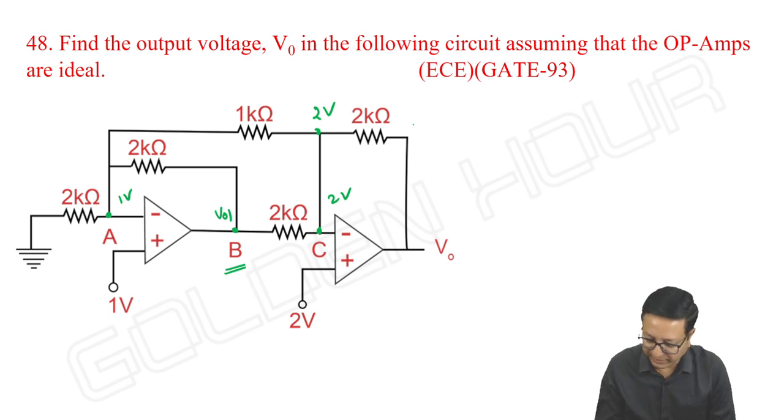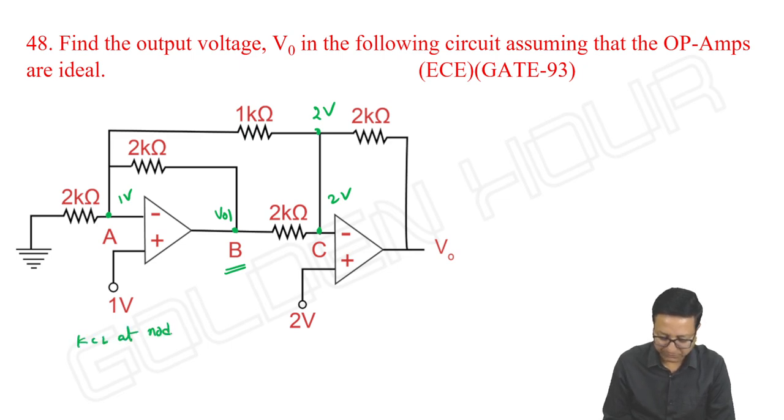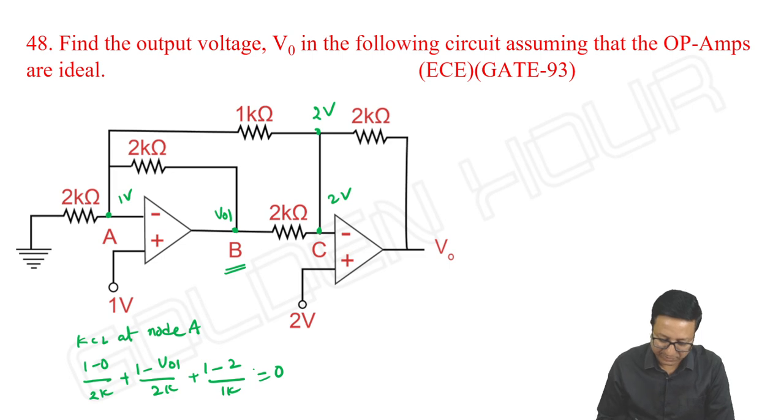Anyway, KCL at node A. (1 minus 0) by 2K plus (1 minus VO1) by 2K plus (1 minus 2) by 1K is equal to 0. Kilo is cancelled everywhere.